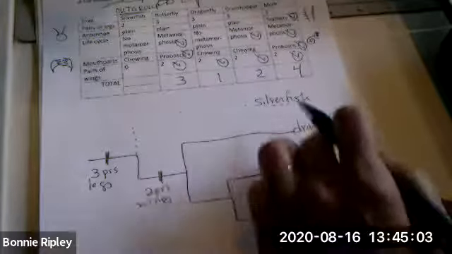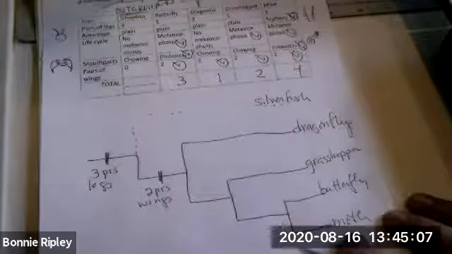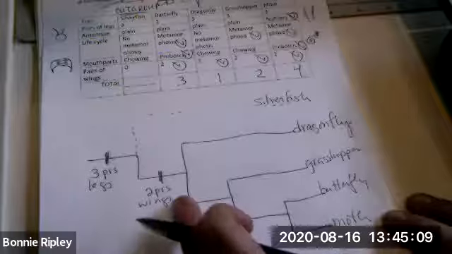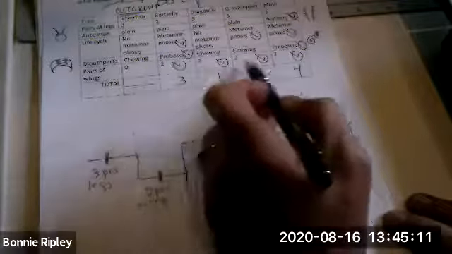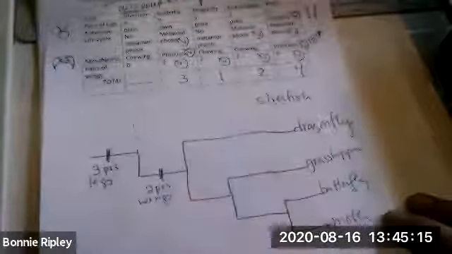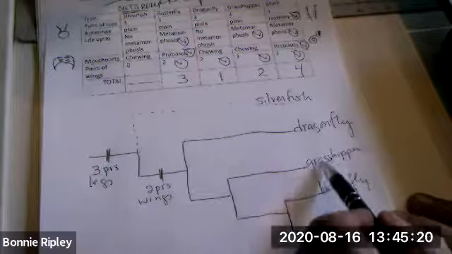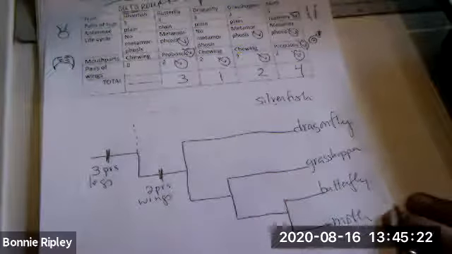Now that means everybody else should also have that characteristic. So we should see that grasshopper, butterfly, and moth also have it. And that's true because that's what our tree is saying, that everything above here on the tree should have that. Now let's look at the difference between dragonfly and grasshopper.